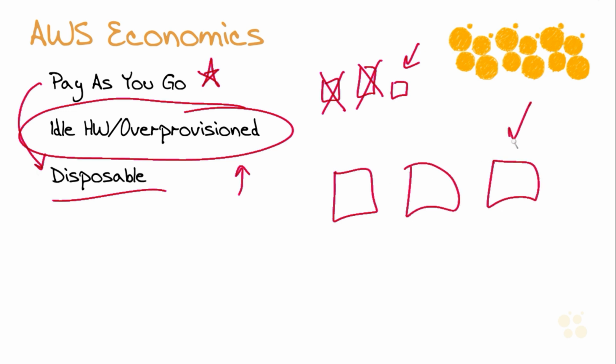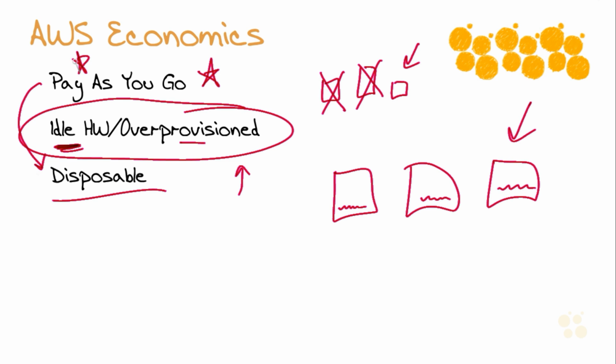So we have these big servers, and unfortunately, they're probably running at very little capacity. We have a lot of idle hardware as a result of this over-provisioning. So we can do away with this approach thanks to Amazon Web Services and provision just that right amount of stuff that we need and pay as we go for that.